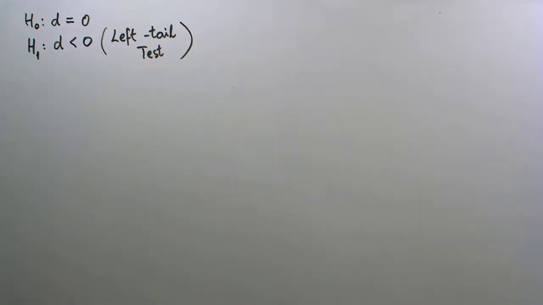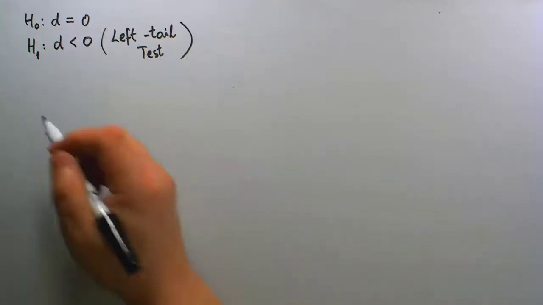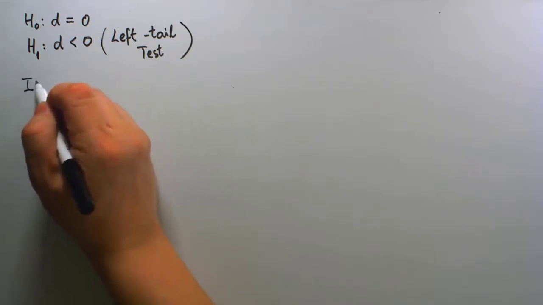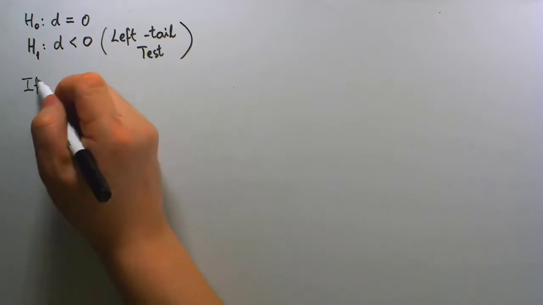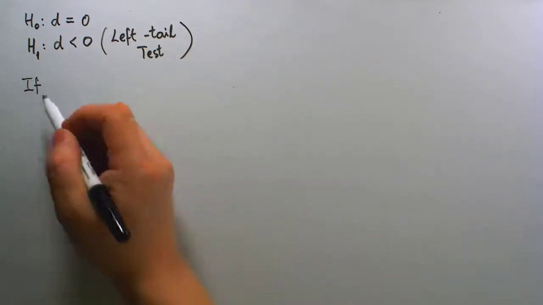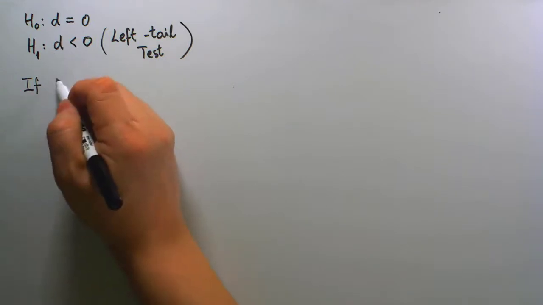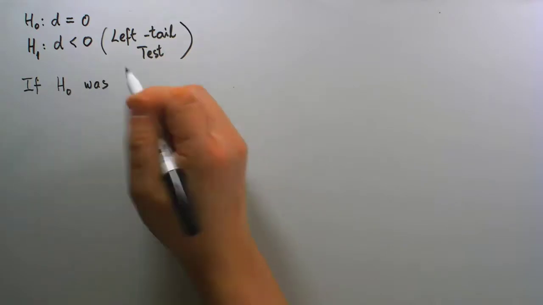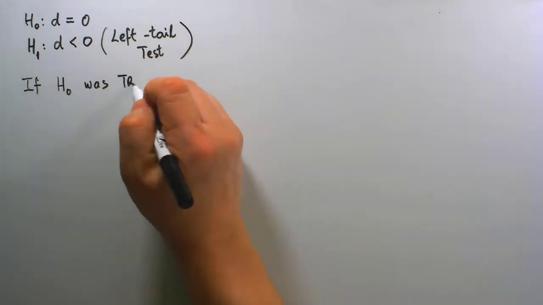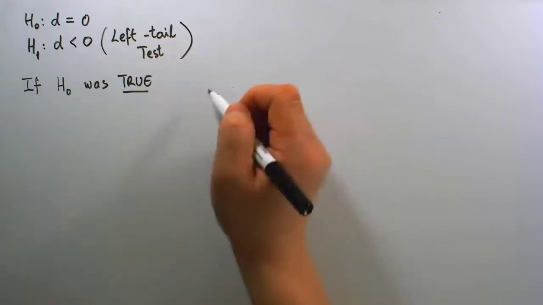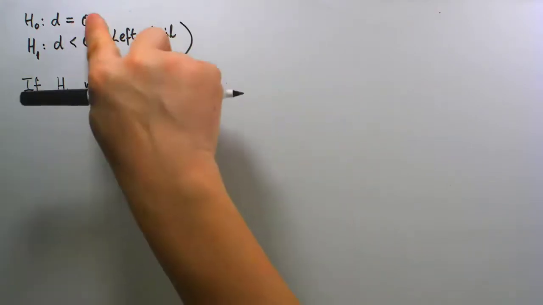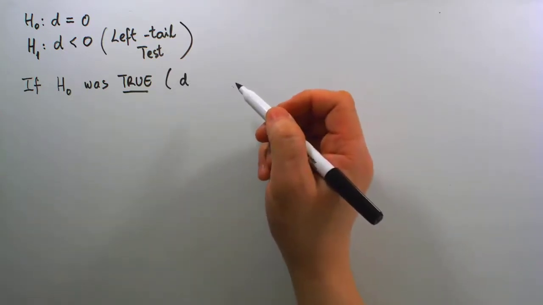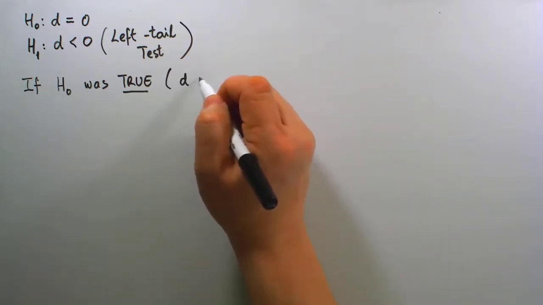Again, testing a hypothesis. So now I am going to start out, with the same technique we've always been using for testing a hypothesis, by saying that we're letting H sub 0 be true. So what if H sub 0 was true? H sub 0 is that statement right here stating that the difference mu1 minus mu2 is equal to 0.